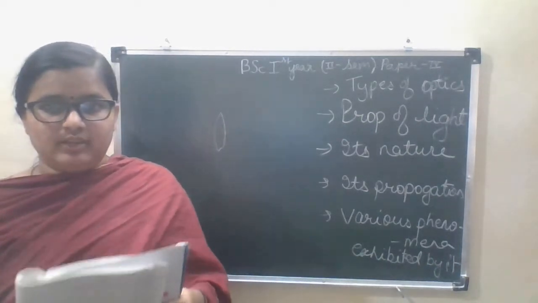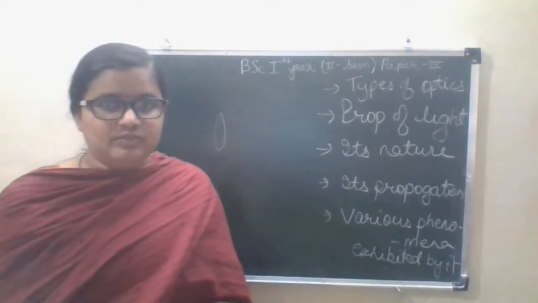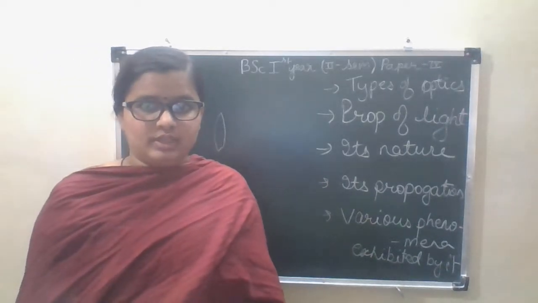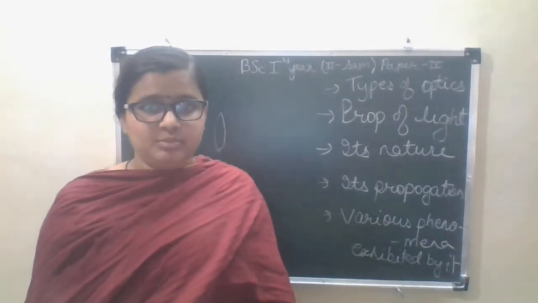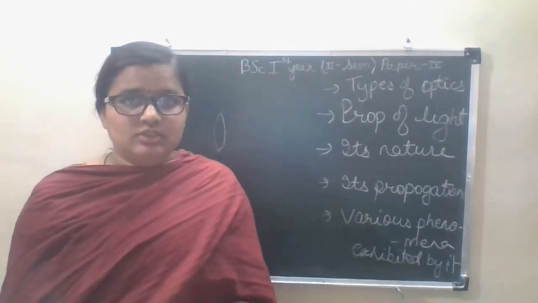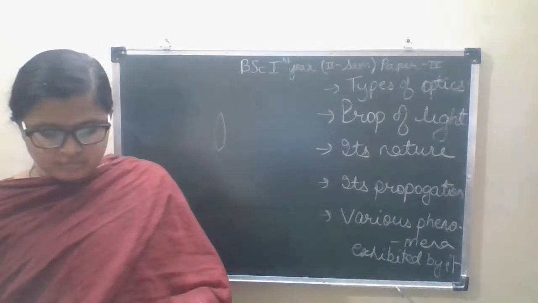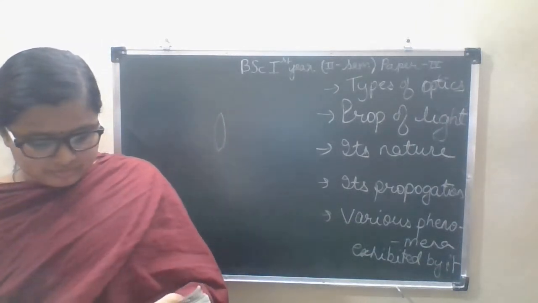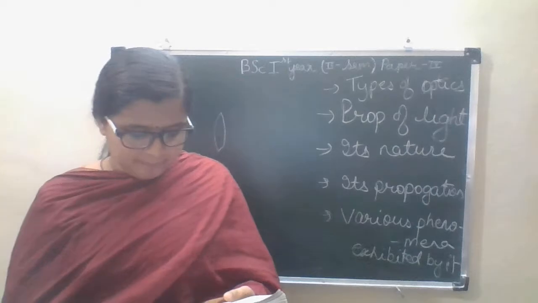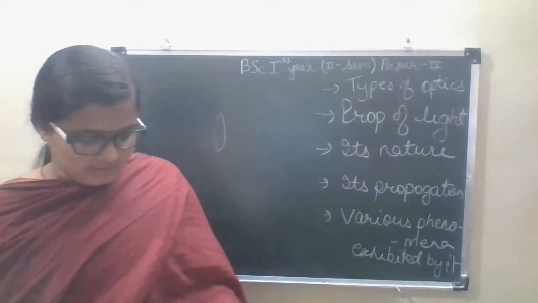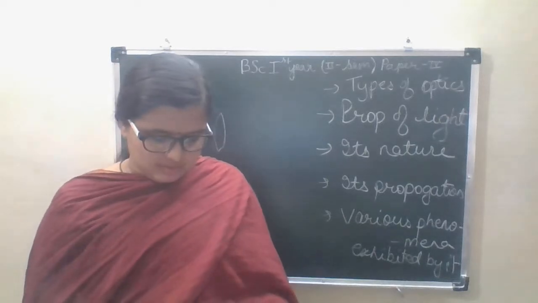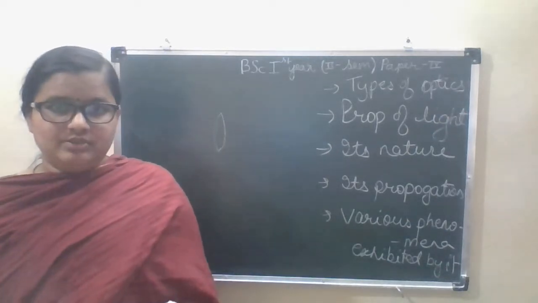Calculating the position and size of an image can be done by calculating the refraction at each surface of a lens, but the method is very tedious.